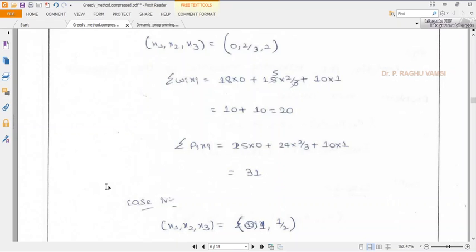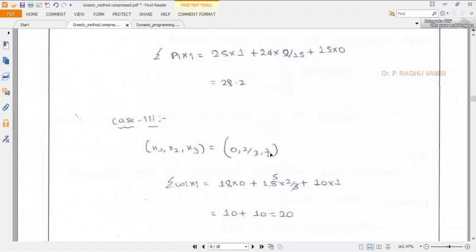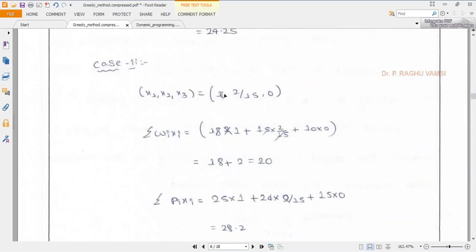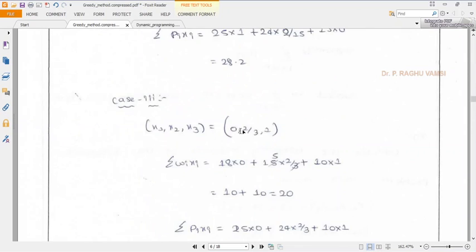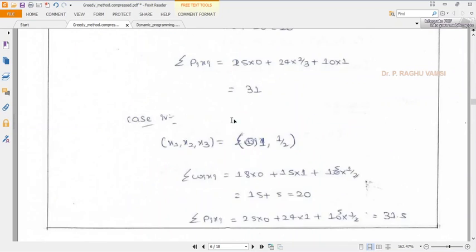Now we tested with the full inclusion of the third item. We tested with the full inclusion of the first item. Then we'll go for another one. Now we'll include the second item fully, then make the first item 0 and the third item half. These are the various permutation combinations I'm trying to get the maximum profit.